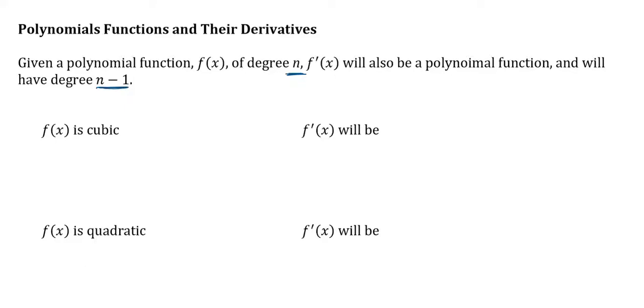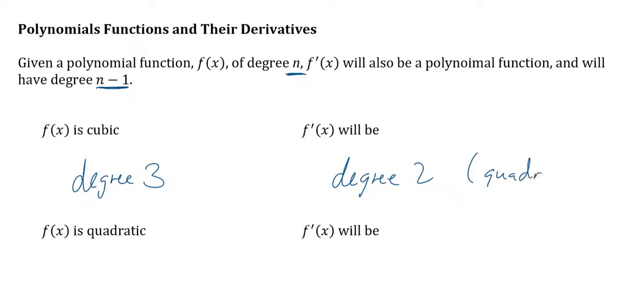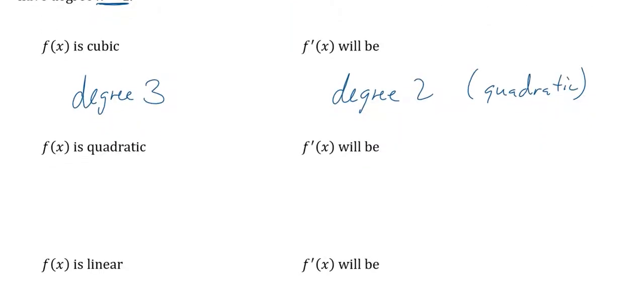If f of x is quadratic, that's degree 2. F prime will be degree 1. We saw a bunch of those. Linear: if f of x is linear, that's degree 1. F prime will be degree 0.